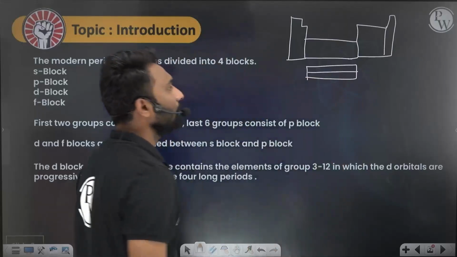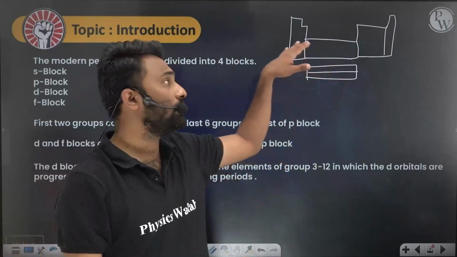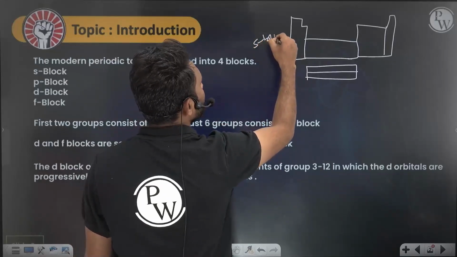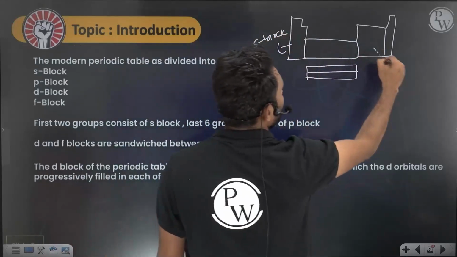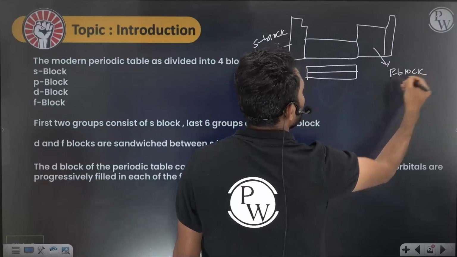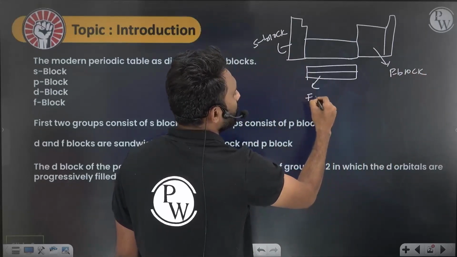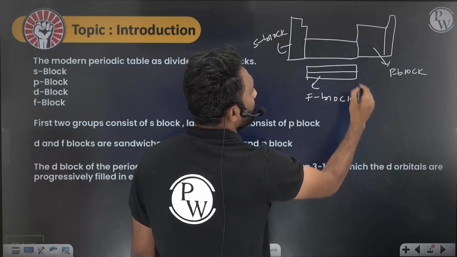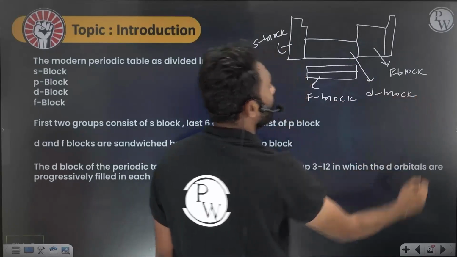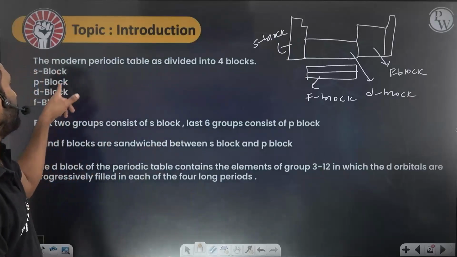Okay, the modern periodic table has been divided into 4 blocks: S block, P block, D block, F block.